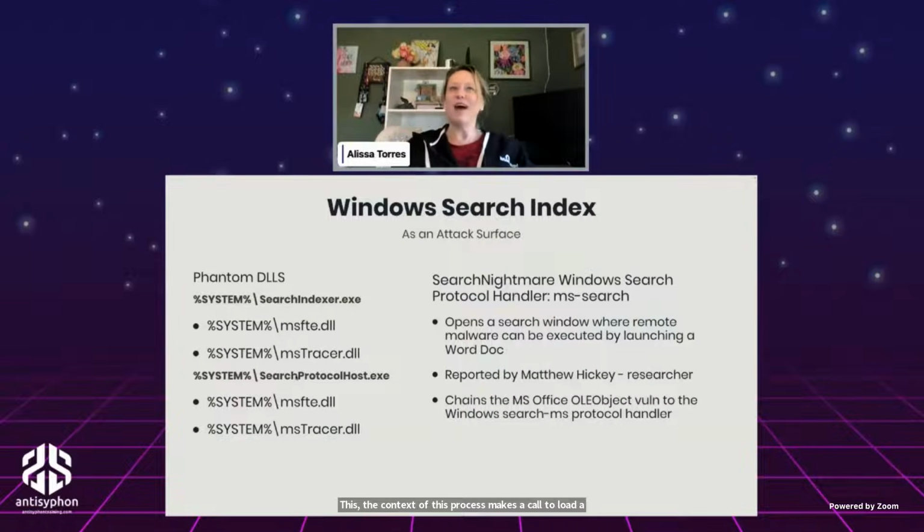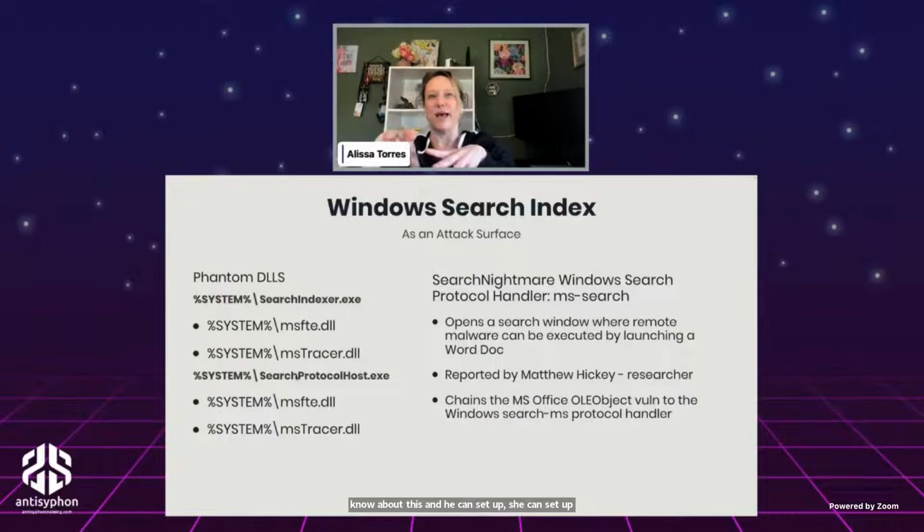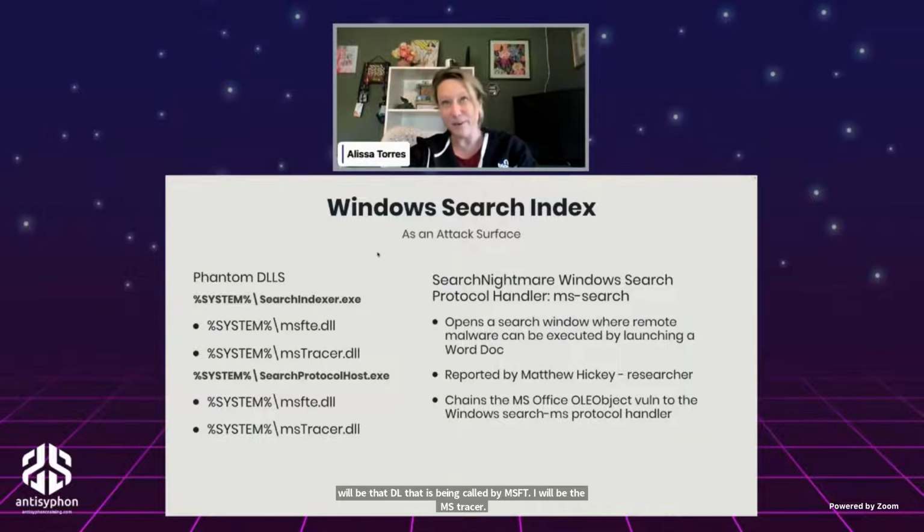So if an adversary is in the know about this, she can set up this masterful plan. I will be that DLL that is being called by msfte.dll. I will be the mstracer.dll. You get it. So we have that kind of fraught with danger.